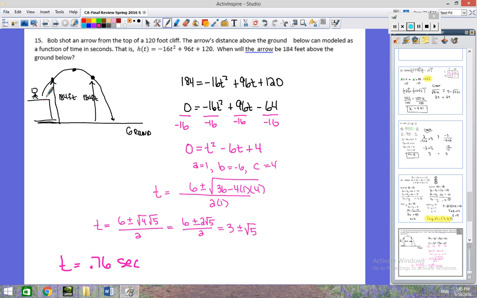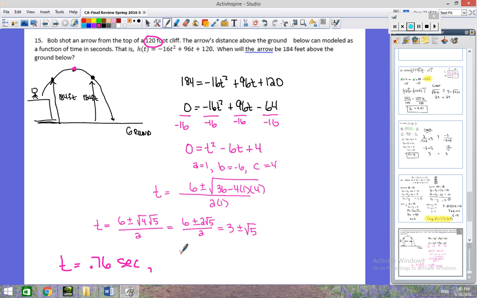So very quickly after you shoot it, less than a second after you shoot it, you're already at 184 feet above the ground. So the arrow is going really fast, and it's up at 184 feet pretty quick. Then it's going to come up and reach its maximum height. I don't know what that is, but on the way down, let's say 3 plus the square root of 5.